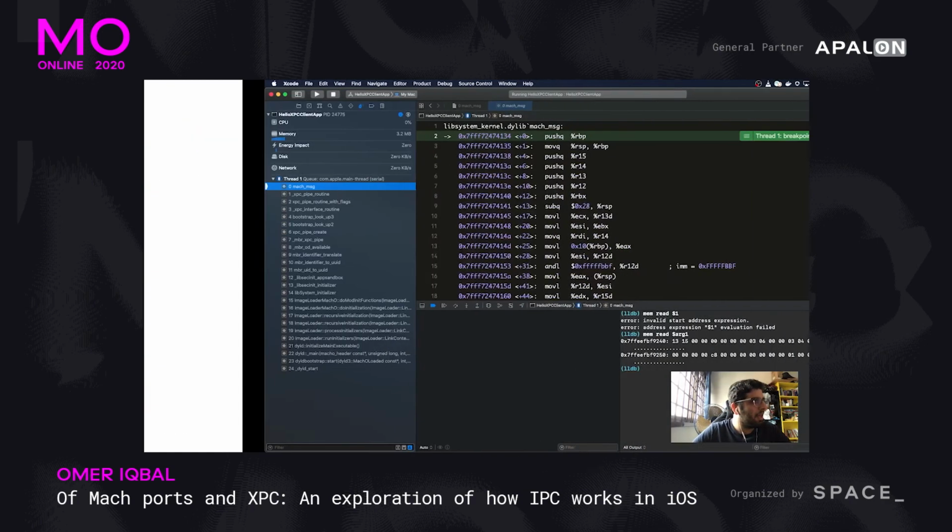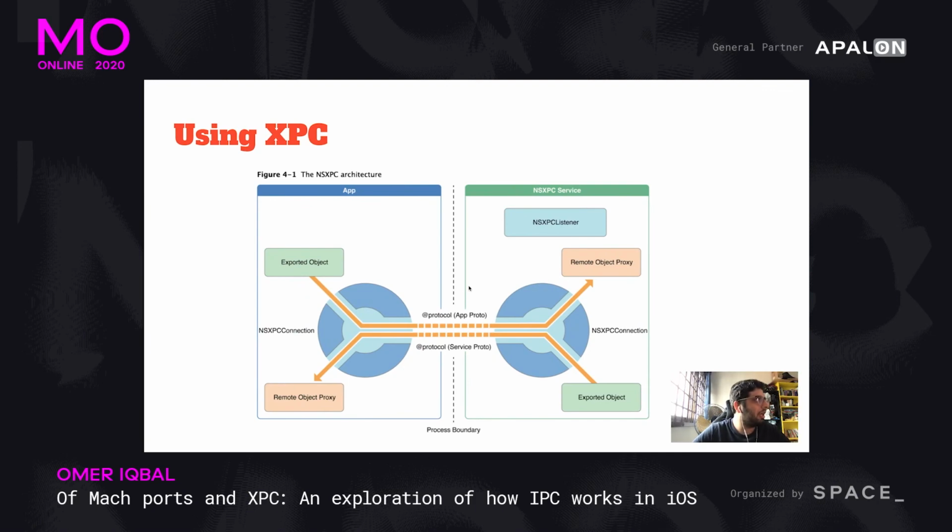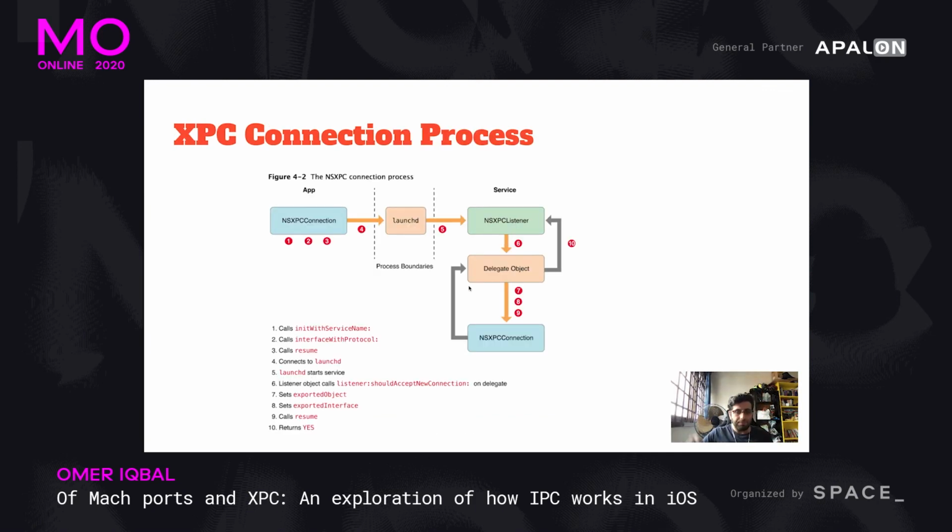Okay. One of the things I want to highlight here is the flow in which this works. When you want to start an XPC connection, you can start a connection if you know the service name, which is the bundle ID I showed you earlier. You then add an interface to it, basically to proxy the method calls, and you call resume.